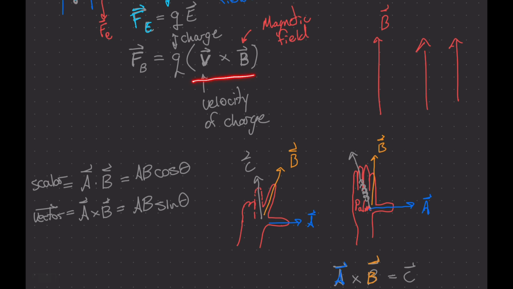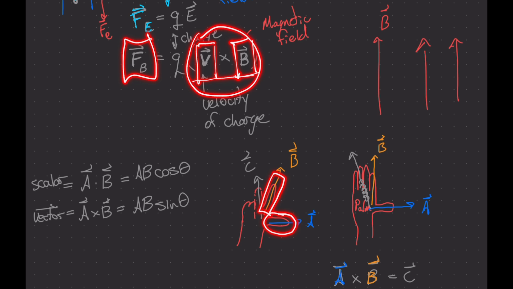When you see a cross product like this, always the first vector is denoted by the direction of your thumb. The second vector is denoted by the direction of your pointer finger. And the result of that cross product is the direction of your middle finger.